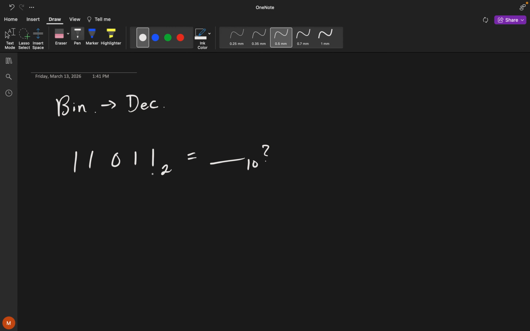So remember, this is the ones place. Start with the ones place at all times. This is the 2s, the 4s, the 8s, the 16s. Not too hard to start with 1 and double each time. And as you do that, it'll become very repetitious, very easy to remember in your head, even up to the high values. And then again, you add up all the place values that have a 1 in that spot.